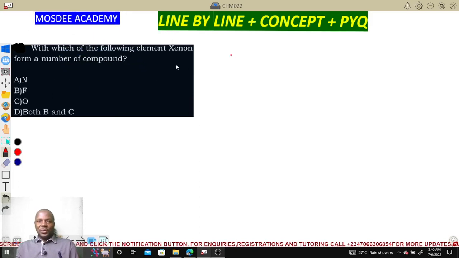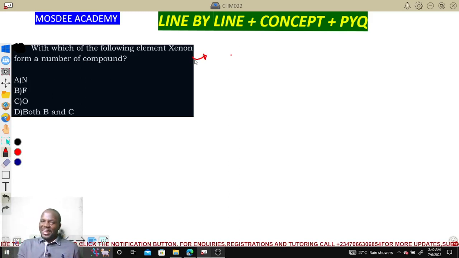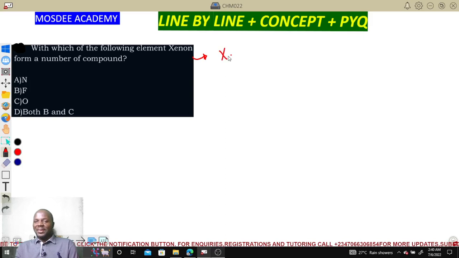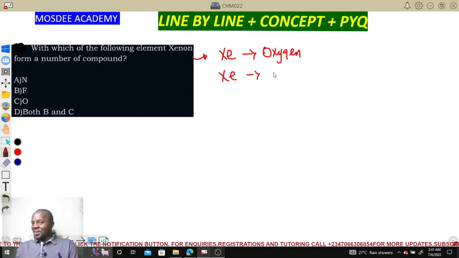With which of the following elements does xenon form a number of compounds? Now, I told you most noble gases don't react, but xenon does react with oxygen, and xenon also reacts with fluorine. Maybe we talk a little bit more. Xenon can combine with fluorine, direct combination, in different ways. Xenon combines with F2 to give XeF2.